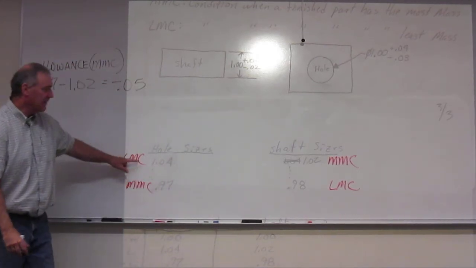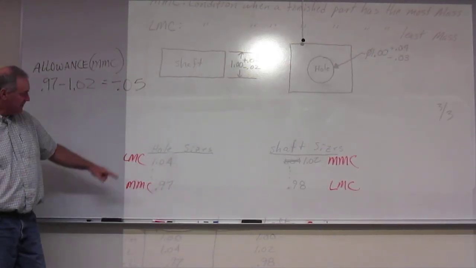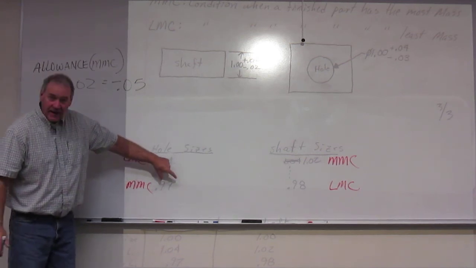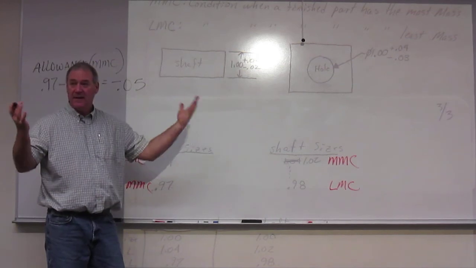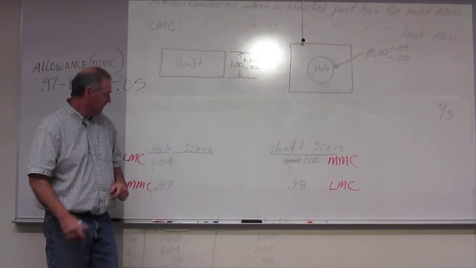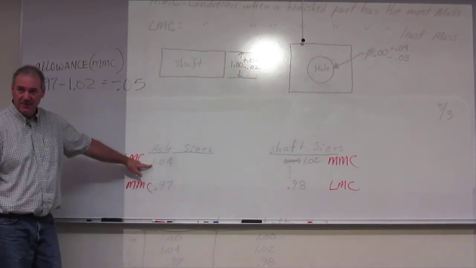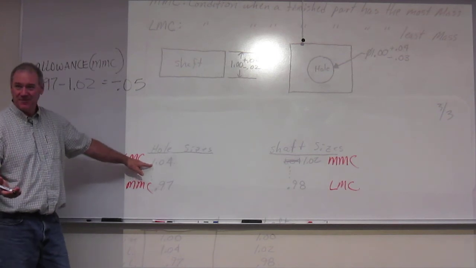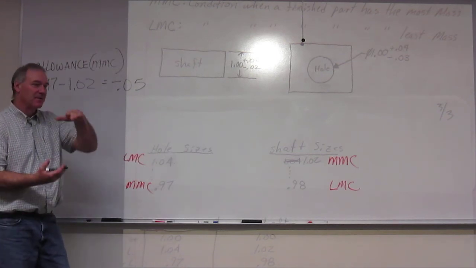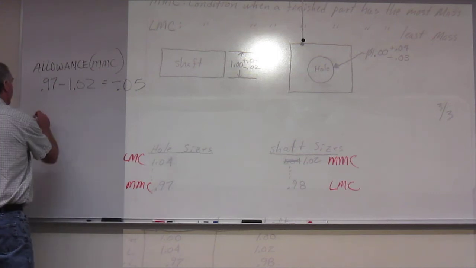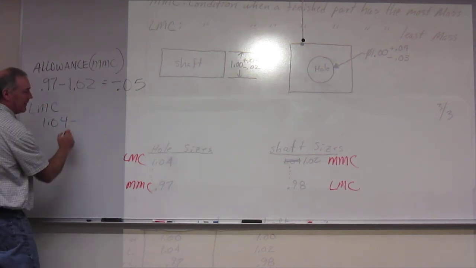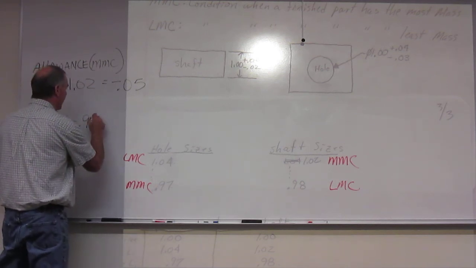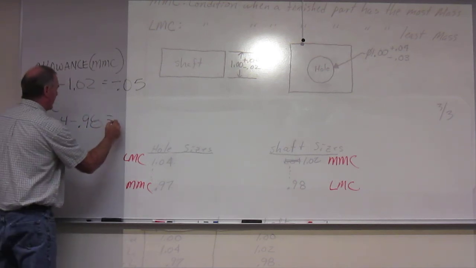Now, if you look at them at least material condition, because statistically I can have parts made at this size, I can have parts made at that size, and I can have them at any size in this zone. I look at least material condition. They don't have a term for this one. You just look at the other limit. So this would be at LMC, 1.04 minus 0.98. Well, what's that equal to?